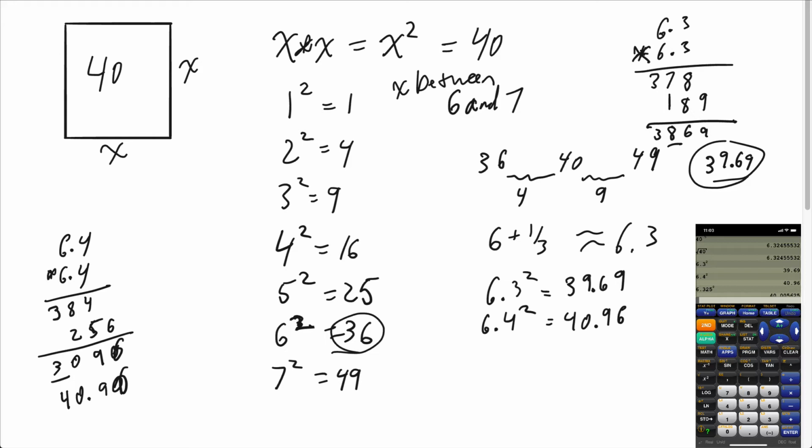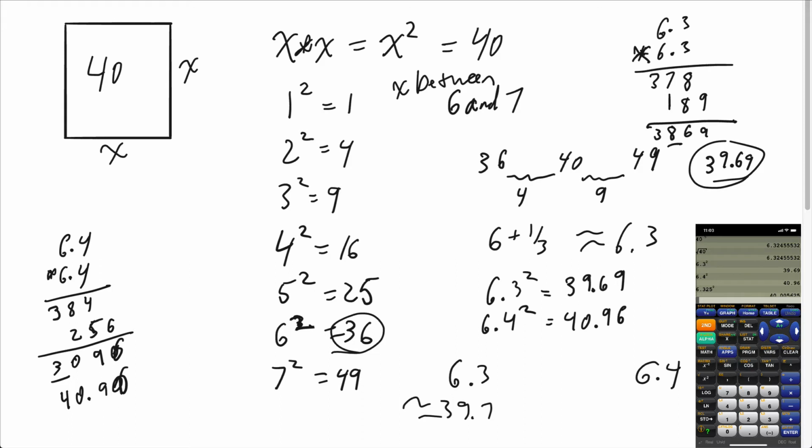Okay. Good. So we're doing some ugly computations here, right? All right. So now I need to figure out my next number. So it's going to be between 6.3 and 6.4, right? And we had 39.69.